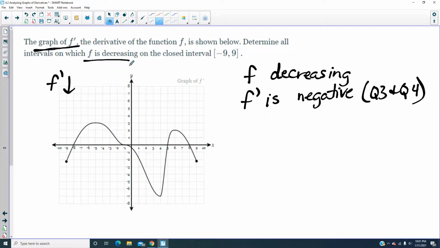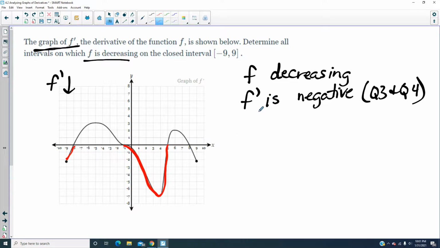So let's see, it would be negative here, and f prime is negative here. So those intervals, from -9 to -8, and from -1 to 5.